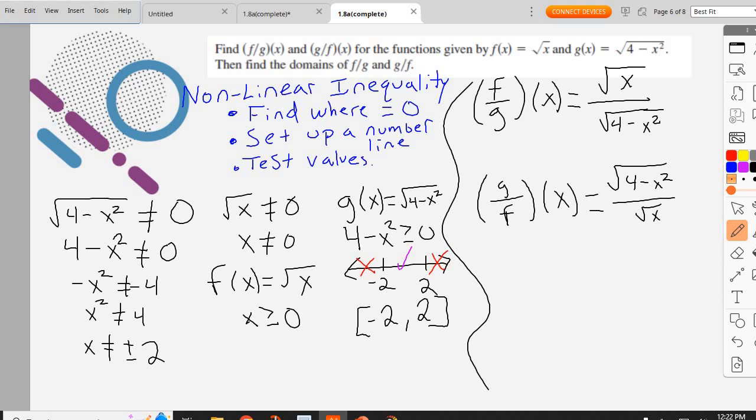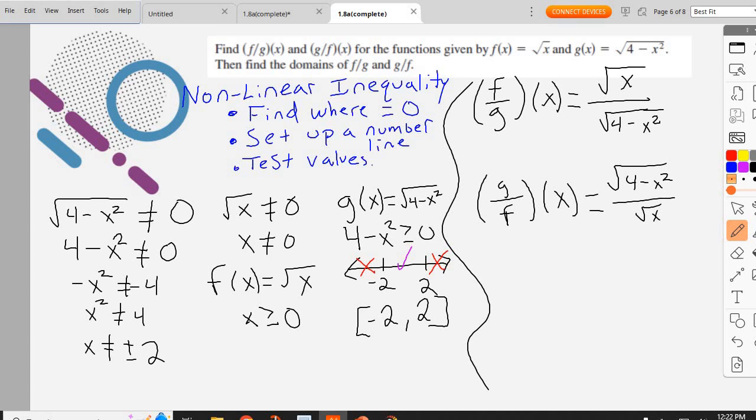The only problem was, remember, that this is a non-linear inequality, so we can't just do our normal steps like adding and taking the square root. So we said first, we find where this equals 0. Well, it's going to be negative and positive 2. So we set up our number line with those two numbers, and then we tested values.